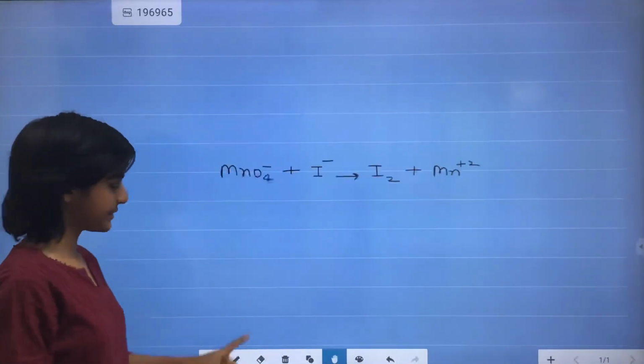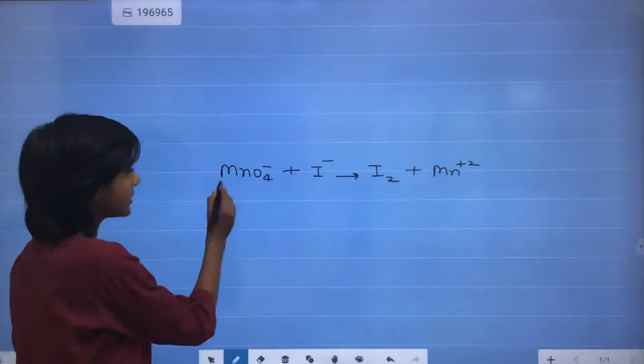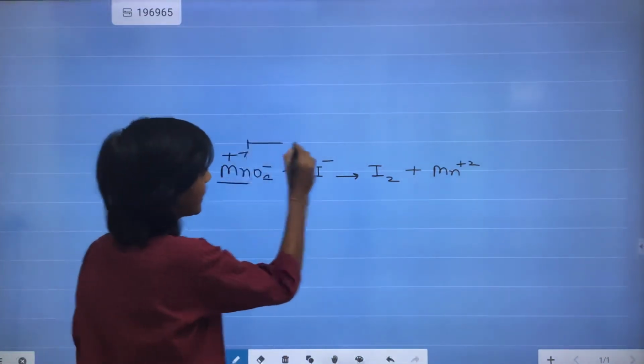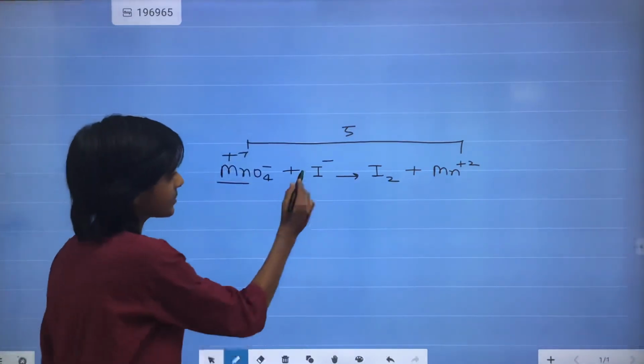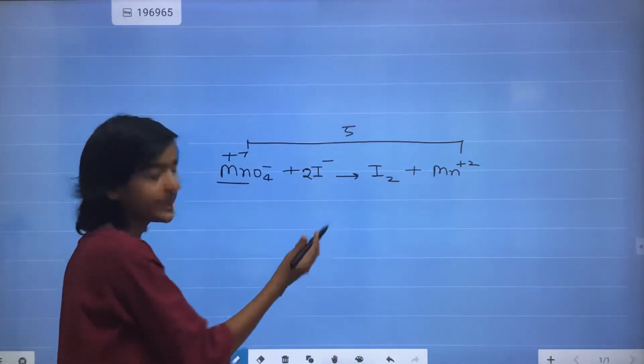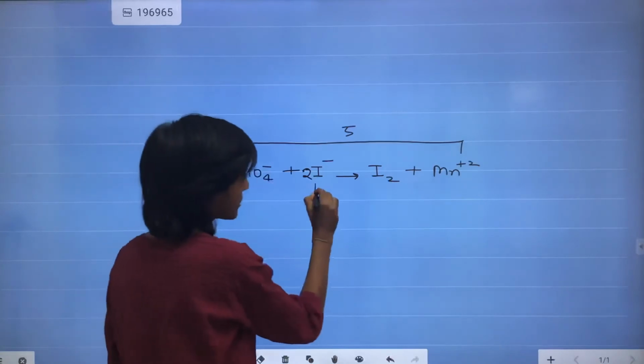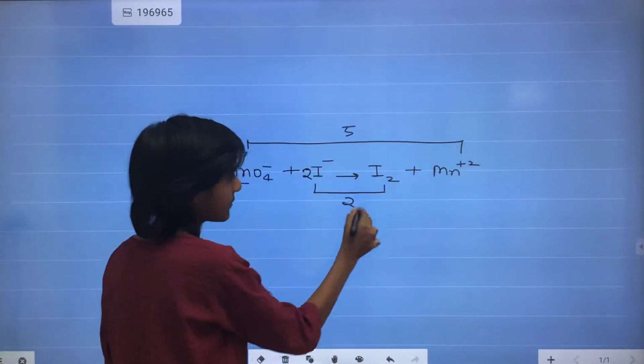Next is this. In this, the oxidation state is +7 and it is +2. So there is a difference of 5, and here there is 2 iodide. The oxidation state is -2 and 0, so there is a difference of 2.